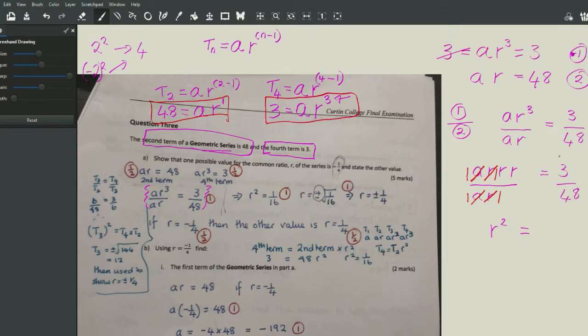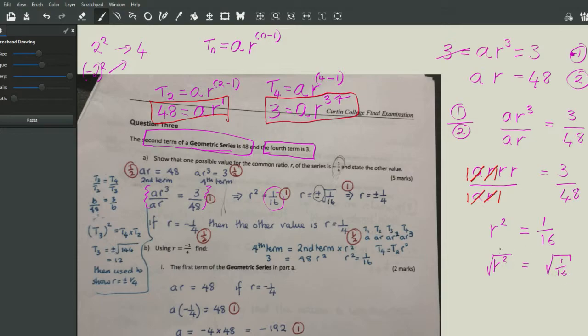And if we simplify this value of 3 on 48, and feel free to use your calculator if you want to, you'll find you'll get 1 over 16. So 1 over 16 equals r squared. If we apply a square root to both sides, we're going to say that r is equal to the square root of 1 over 16.